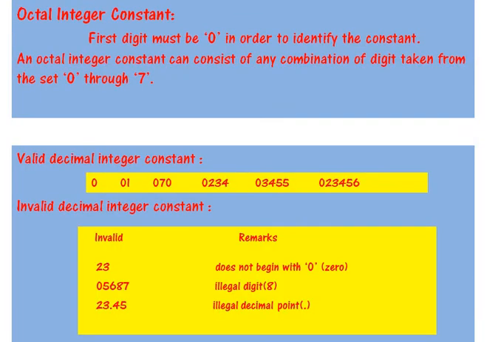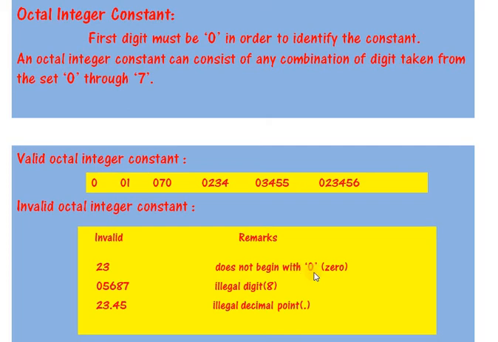Some valid octal integer constants: 0, 01, 07, 0234, 03455, 023456. Some invalid octal integer constants: 234 does not begin with 0.